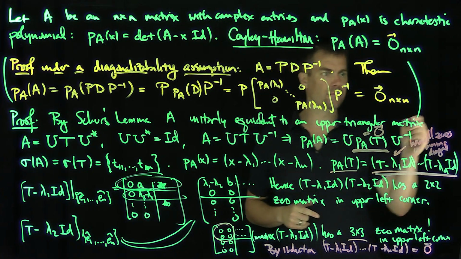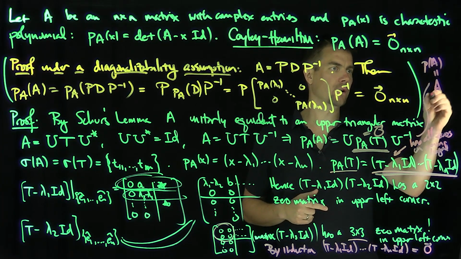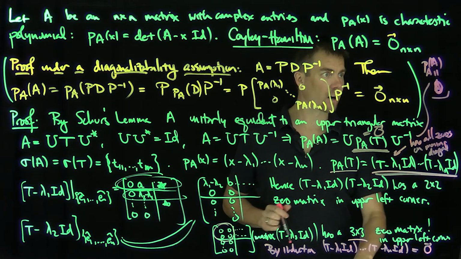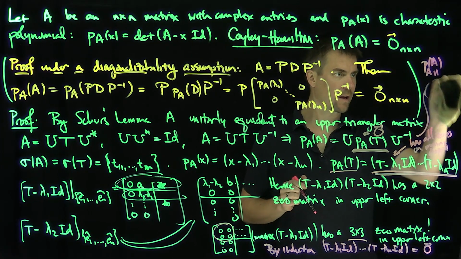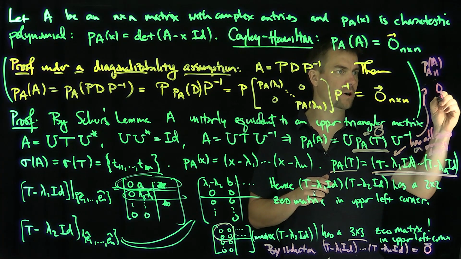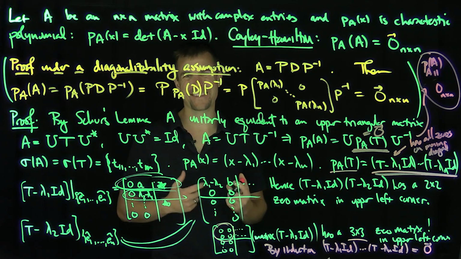So that proves that P applied to A is equal to the zero matrix, for an arbitrary matrix A. So P_A of A is equal to the 0 n by n matrix for all matrices A, and that proves the Cayley-Hamilton theorem. Thank you very much.